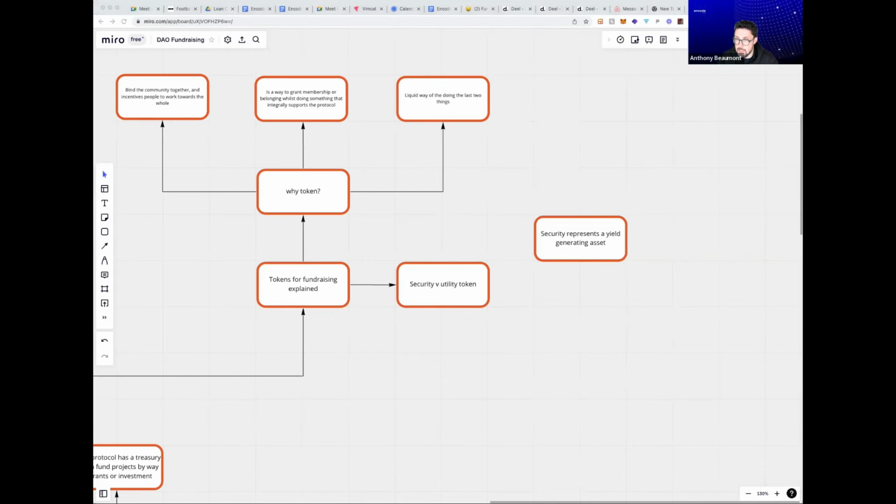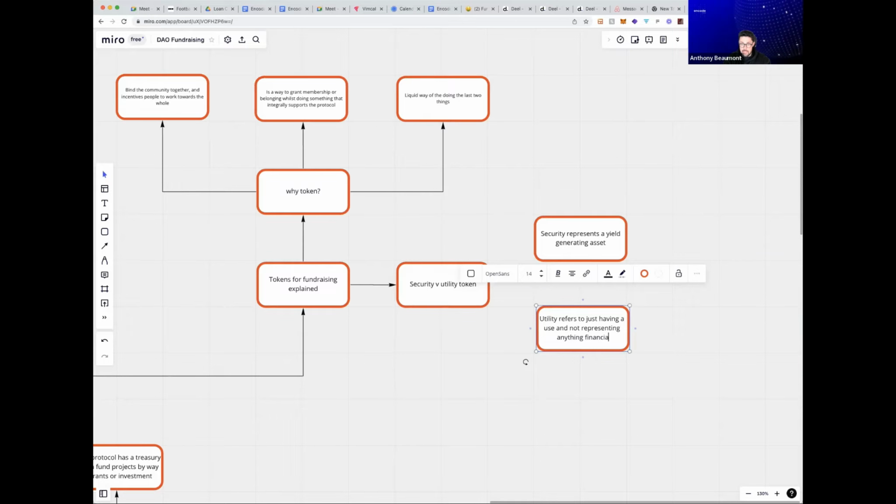I'm looking at the definition: it's a certificate that has a marginal value and can be traded, but I think it represents a yield generating asset, something that itself has a value that you can define on paper, because it's worth something. Like a stock represents the value of a company, or a share of the value of a company. A bond represents the value of debt. A utility token refers to just having a use, and not representing anything financial.